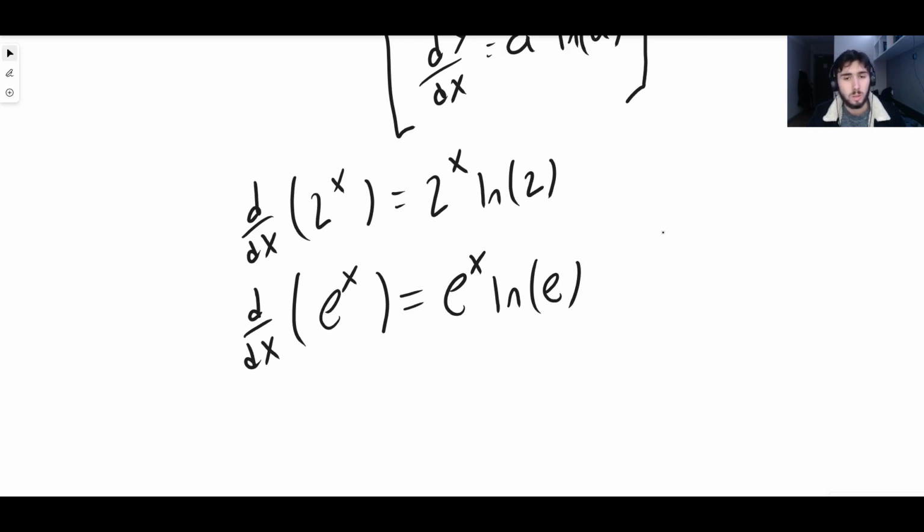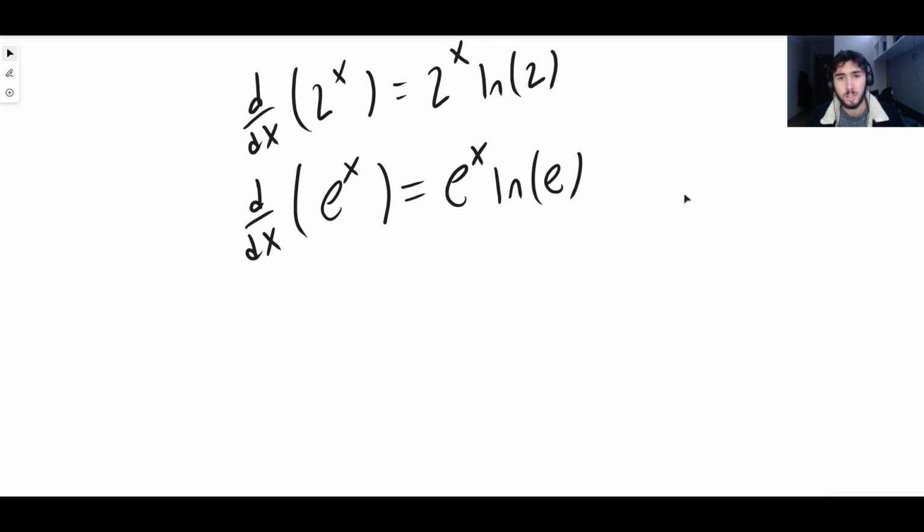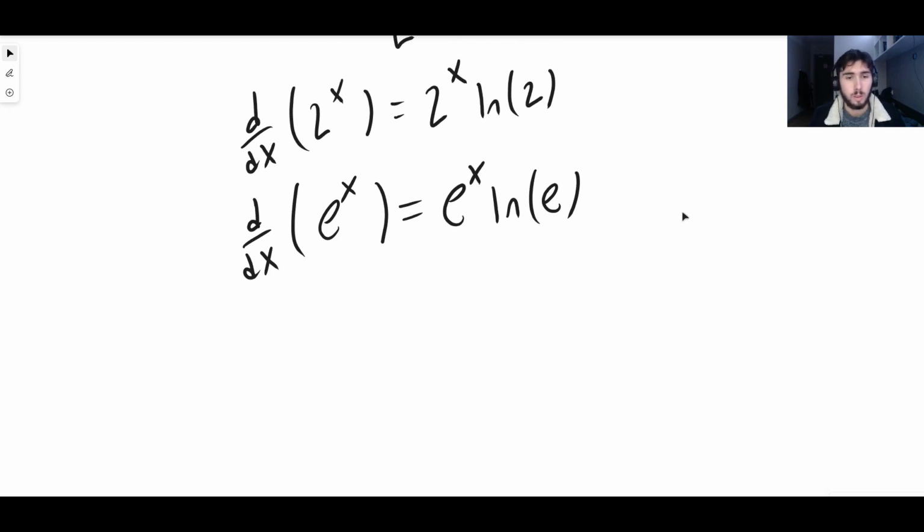But what is the natural log of e? The natural log of e is just the number 1. Because the natural log of e is the logarithm base e of e. What number do you need to raise e to the power of to get e? Well, just the number 1. So the derivative of e to the x is e to the x. There you go. So that's quite nice.